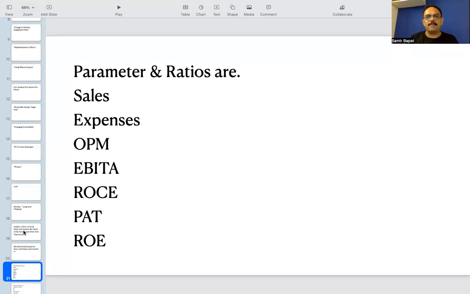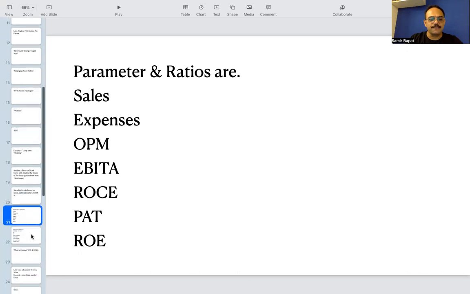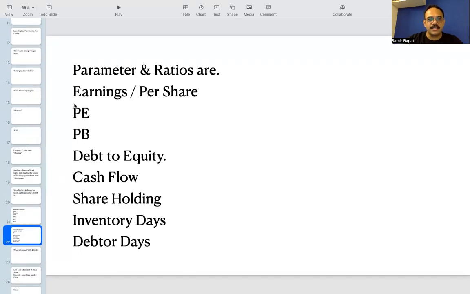To identify a balanced company at a basic level, everyone in the stock market who wants to invest for the long term, 3 years, 5 years, should know all these parameters: sales, expenses, OPM, EBITDA, ROCE, PAT, ROE. Then we have earnings per share, PE, PB, debt to equity ratio, cash flow, shareholding, inventory days, and debtor days. I recommend you be aware of at least all these parameters. Then it is easy to shortlist a company and to have confidence in that company.